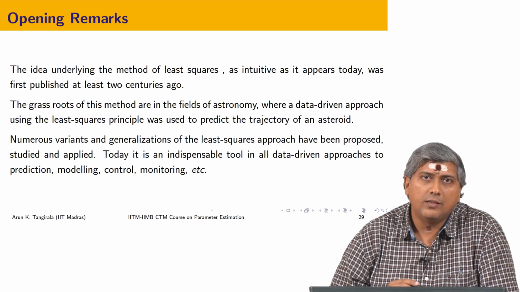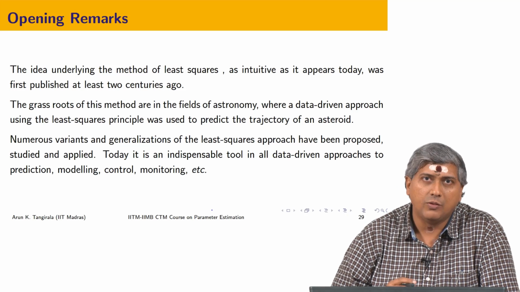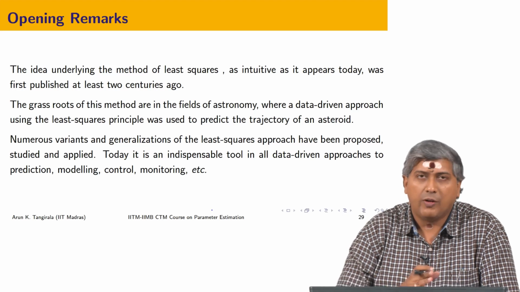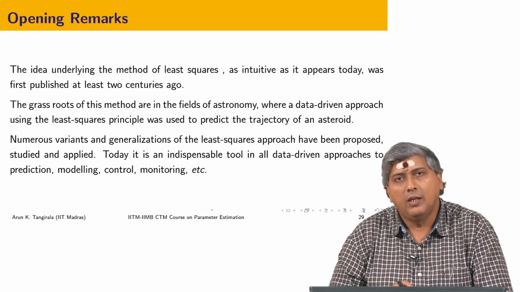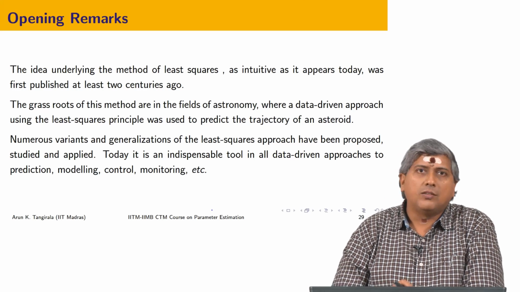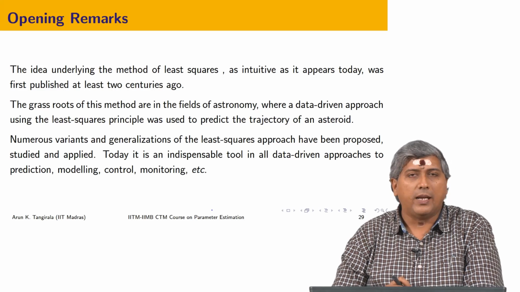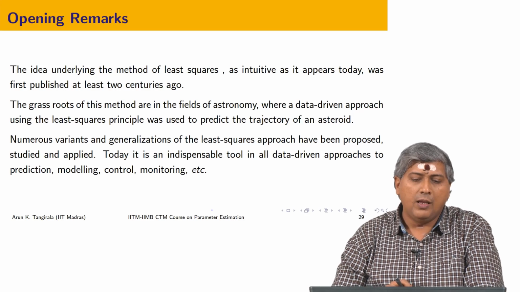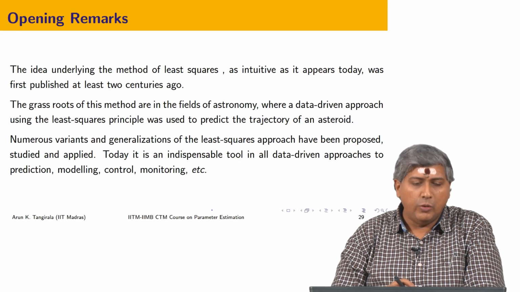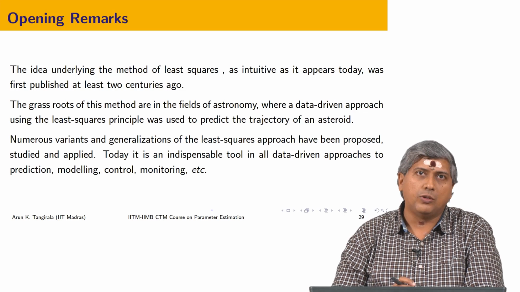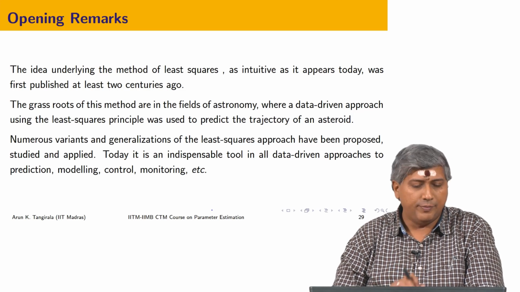Of course, maybe some historical readings will help you get away from the technicalities of least squares, but the technicalities of least squares are also not so complicated. It is a very simple idea, but works beautifully, and that is why it has stood the test of time and has been applied almost everywhere.